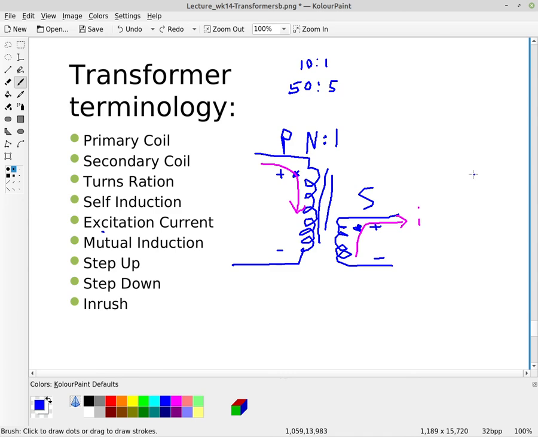Now there are cases when they build a transformer and they tap the same coil for the secondary side.